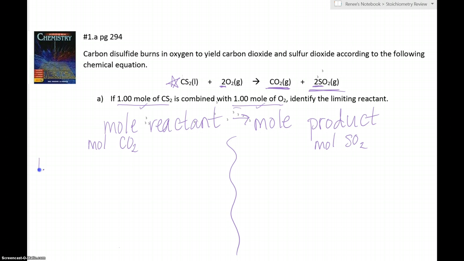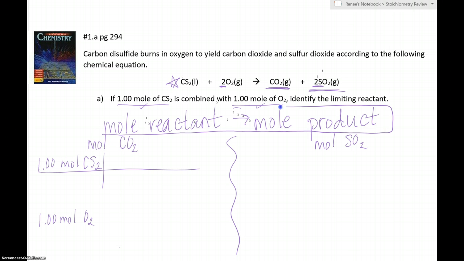Okay, so we always start off with what's given to us. And in this case, we're given 1 mole of CS2. And we're also given 1 mole of oxygen. And like I stated, we're just going to go from moles of our reactant to moles of our product. Very easy, very basic mole to mole stoichiometry problem.